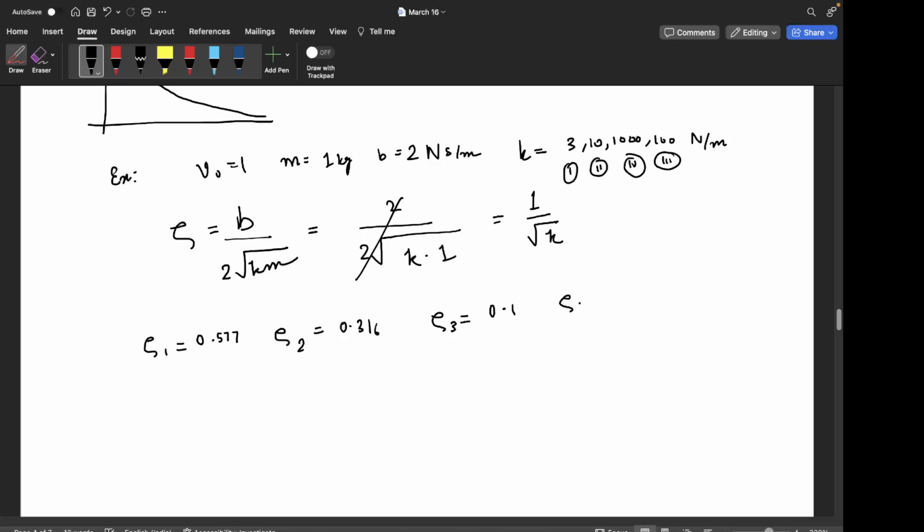And then xi4 is 1 by root 1000. Can you tell me that too? 0.0316. Okay.